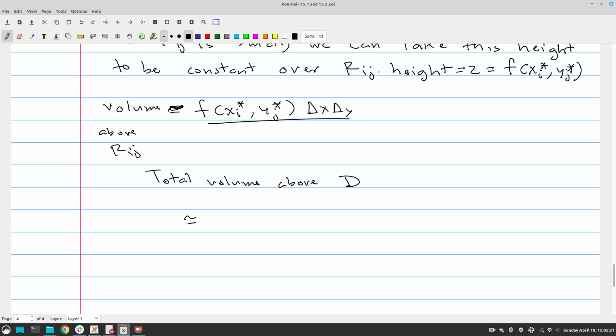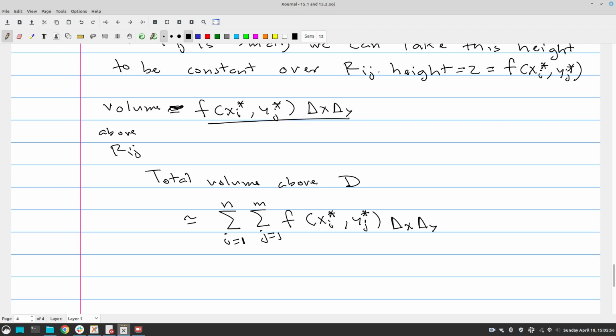That is approximately the sum with i going from 1 to n and j going from 1 to m of f of xi star, yj star times delta x times delta y.